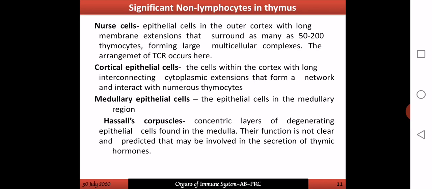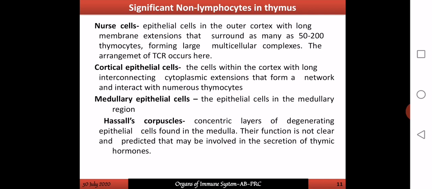One of the named non-lymphocytic cells present in the outer cortex of the thymus is called the nurse cell, right? This nurse cell is nothing but an epithelial cell with long membrane extensions. They surround a large number of developing, dividing thymocytes, around 50 to 200 small thymocytes, which are held together by these long extensions of the membrane.